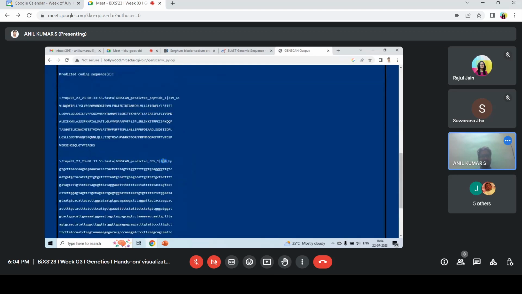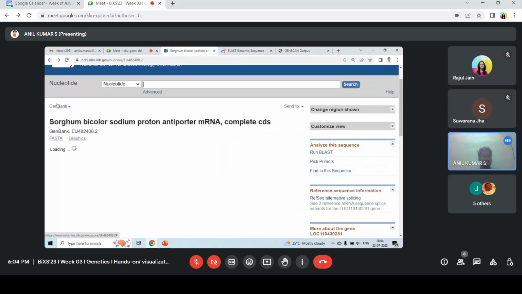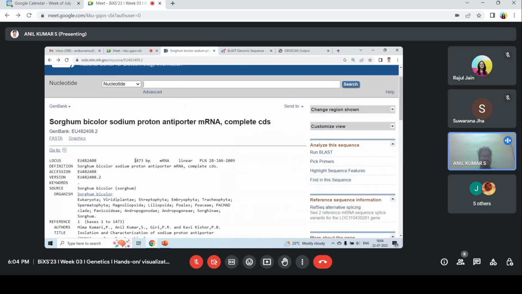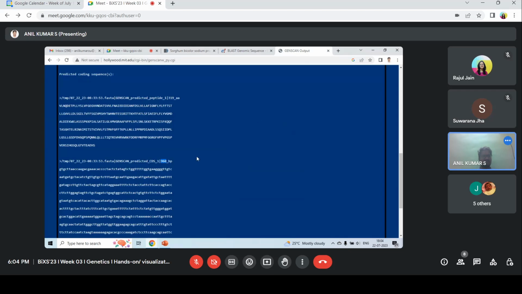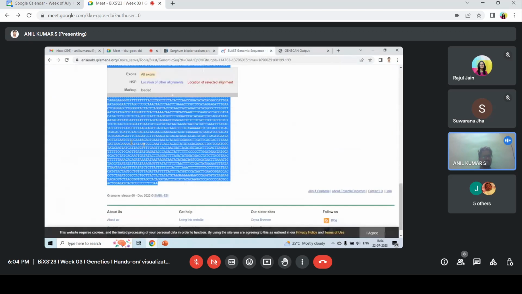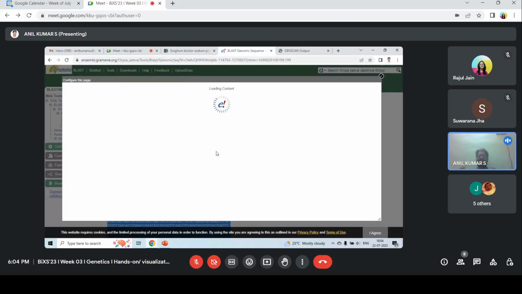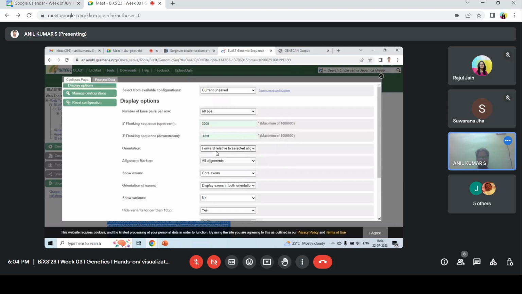The template sequence that we have taken here is 1473 bases long, and on the other hand, the result that we obtained right now is just 960 bases. So go to this configuration page again and configure the sequence so that you will get a much bigger sequence. I'll go with 5000 bases instead of 3000 bases.